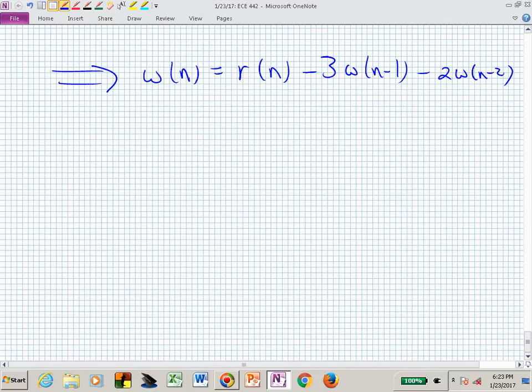So you need 2 delay blocks. You need to delay twice in order to get from W sub n to W sub n minus 2. You need a W sub n minus 1, you need a W sub n minus 2, and you need an R of n to create W of n in this block diagram. We need 2 delay blocks or 2 delay elements.